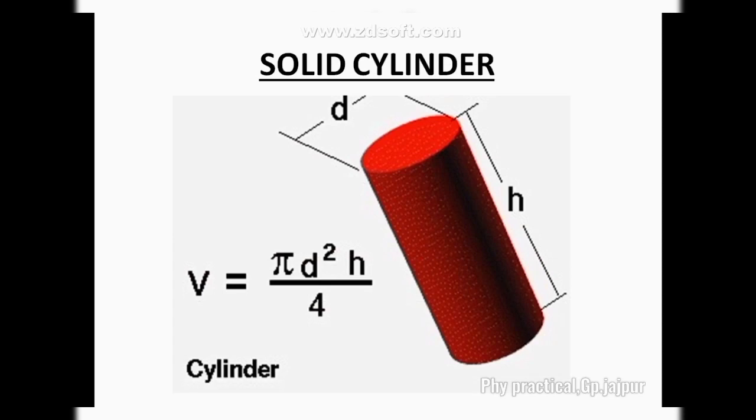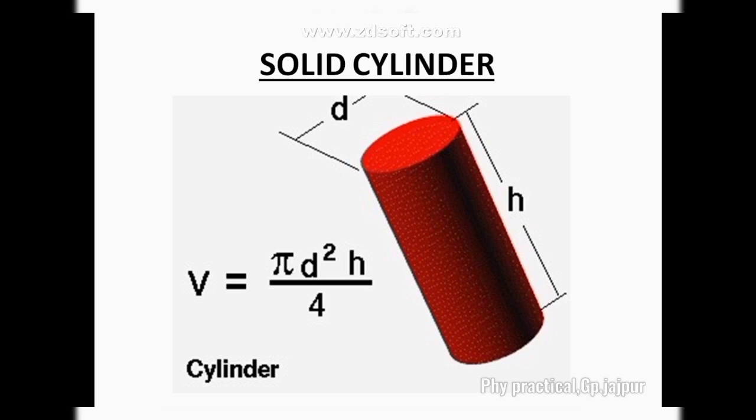Next is your solid cylinder. As you can see, the 3D picture of a solid cylinder. This part of the solid cylinder is called the diameter of the solid cylinder. The upper part that we see is a circular part, and as you know a circle has its diameter. So this solid cylinder has two surfaces, a lower surface and an upper surface.